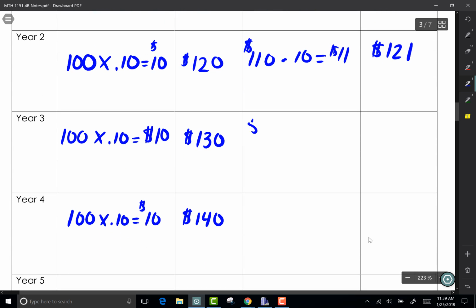On the third year, I take 121, which is my accumulated balance so far, find 10% of that, and I'm going to get $12.10. When I add it up to find my accumulated balance, I have $133.10.